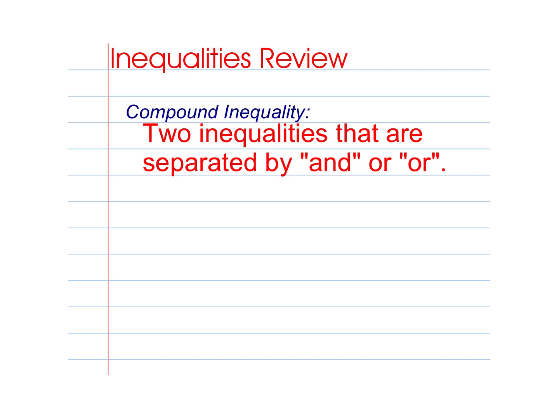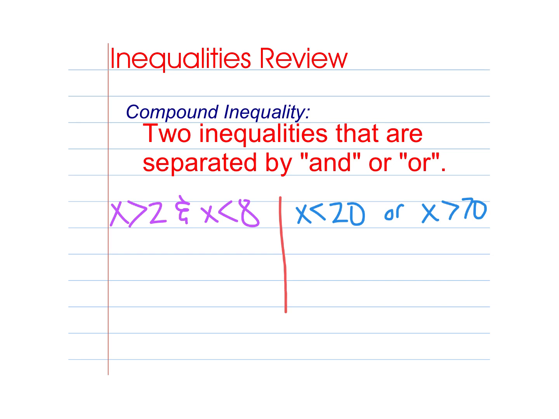What might be new to us is the compound inequality. This is where we technically have two inequalities that are separated by the words and or. Let's look at the and example first that I did in purple. This reads that x is greater than 2 and x is less than 8. It means I have to satisfy both of those requirements.